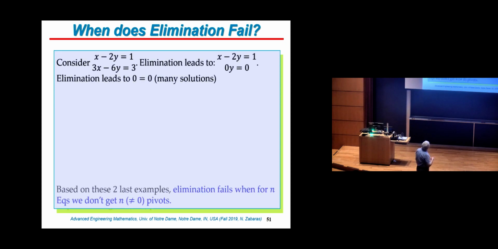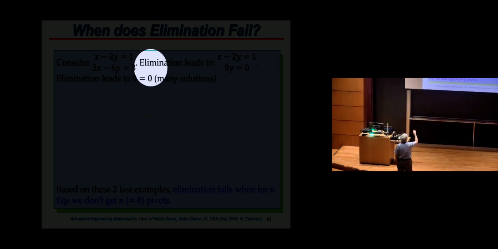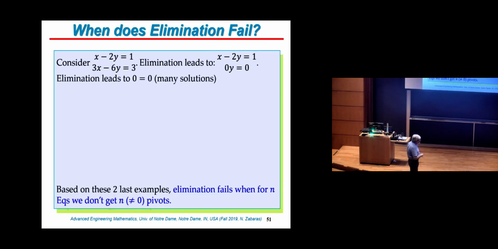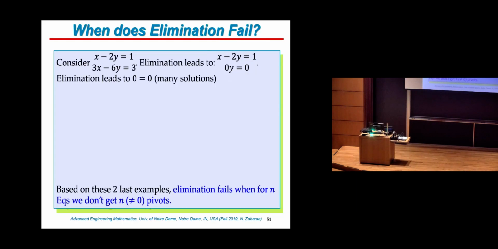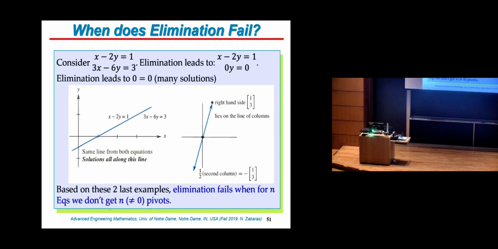Now if you change the right-hand side and make this 3, and you do elimination, the second equation becomes 0 equal to 0. So this system of equations has solutions, and it has more than one solution. In this case, we have infinite solutions. Anything on this line, x minus 2y equal to 1, is a solution.